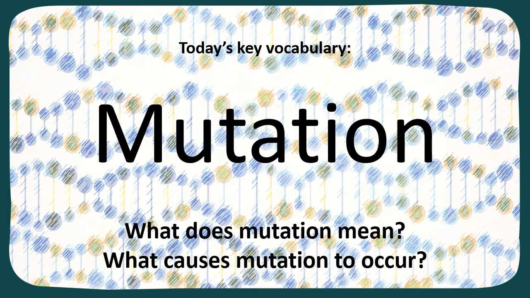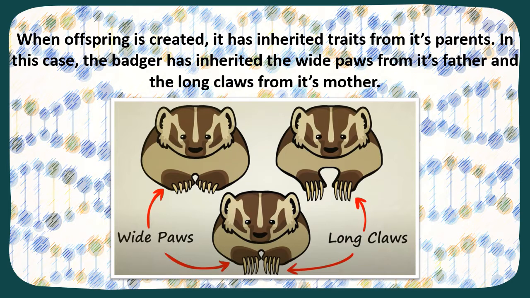Okay, so when offspring is created, it has inherited traits from its parents. In this case, we've got two badgers, male and female, mummy and daddy, and here is our offspring. What you can see here is it's got some wide paws, and those wide paws came from its father. This one has wide paws, this one has thin paws, and the offspring has wide paws too.